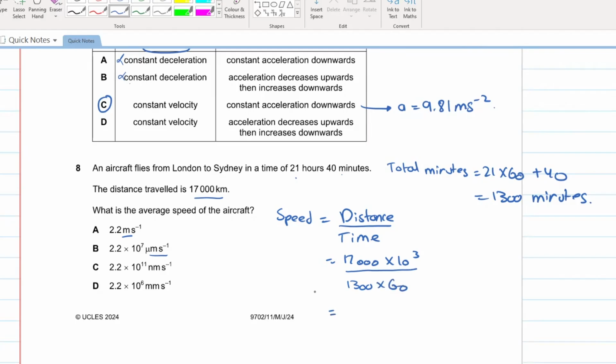Can you calculate this answer? 17,000 into 10 raised to the power of 3 divided by 1300 into 60. This comes out to be 217.9 m s^-1. So this is your answer, 217.9 m s^-1.